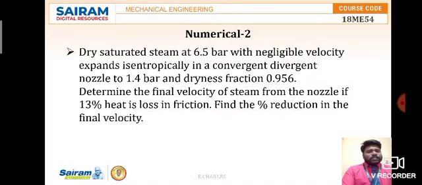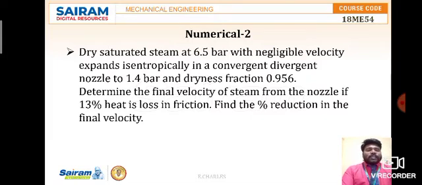So in this problem, the initial pressure was 6.5 bar. Once the adiabatic expansion process takes place, the pressure drops from 6.5 bar to 1.4 bar. Therefore, the steam has converted from dry saturated steam to wet steam. This is the scenario given in the problem.